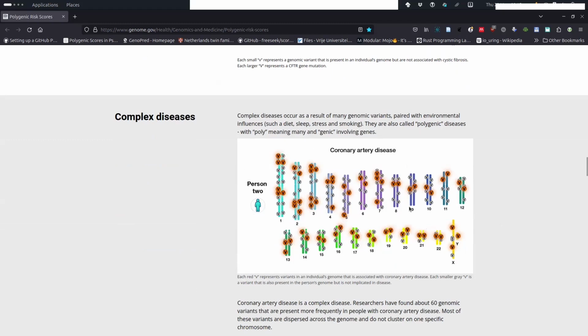This is a picture for coronary artery disease, and you see that across the whole genome there are tiny or subtle effects that, if you add them up, might lead to an increased risk, or maybe a decreased risk, depending on what type of variant an individual has.